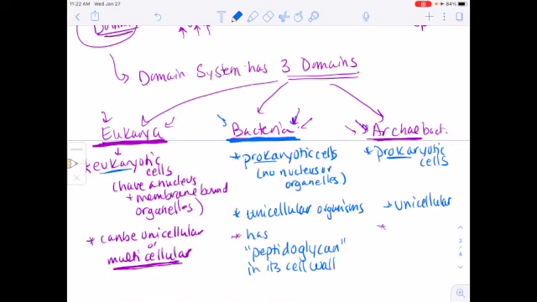It's a carbohydrate, but archaea bacteria don't have peptidoglycan at all. So that's your major difference there.